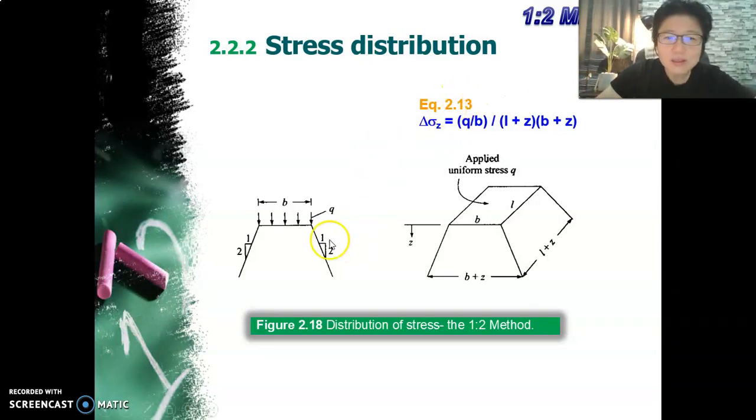The 1-2 is referring to a gradient actually, 1 horizontal against 2 vertical, so it's easier to remember because some books will say it's 2-1 method. It depends on whichever book you want to look at, but the gist of it is that you're going to draw a slope going down at the gradient of 1 horizontal to 2 vertical, that's all. And what you're seeing is actually a trapezium cross section, am I right?